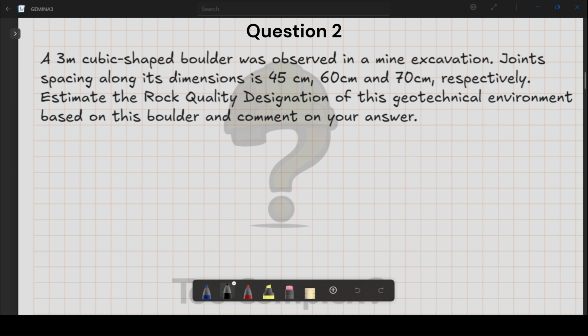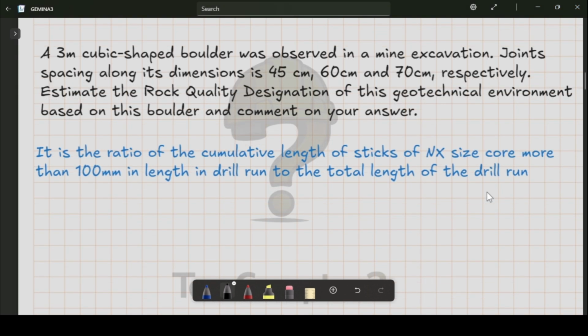Now let's start by understanding what is this rock quality designation, otherwise known as RQD. So this is the ratio of the cumulative length of sticks of NX size core more than 100 millimeters in length in a drill run to the total length of the drill run.